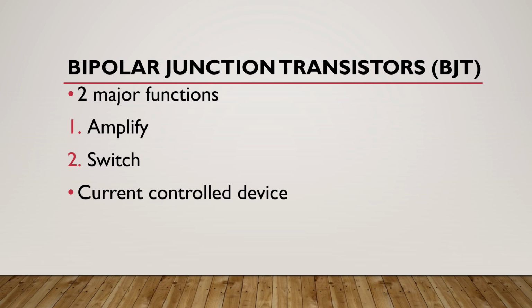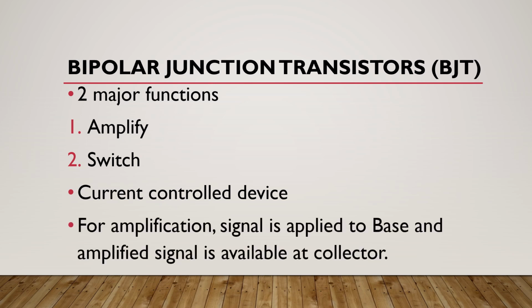If a signal of small amplitude is applied to the base of this transistor, then this signal in the amplified form is available at the collector of the BJT. This is the amplification provided by this bipolar junction transistor. It does require an external source of DC power supply to carry out the amplification process.